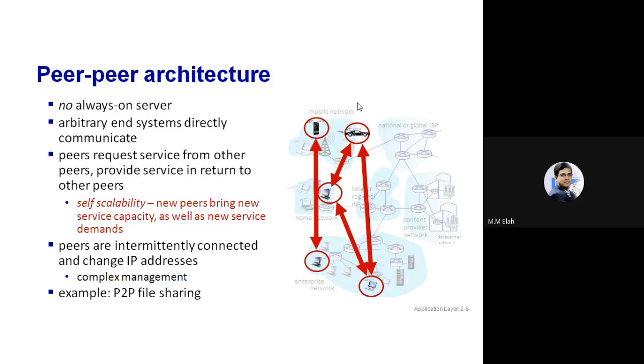For example, I have 10 movies, then I share the 10 movies with others, and they have another 10 movies, so they can share with each other, and they can search for anything using software and then copy from other PCs. That is one example of peer-to-peer architecture. And also a very good example is torrent. You know torrent? Anybody know? What is the idea of torrent in short? Shada, what is the idea of torrent?